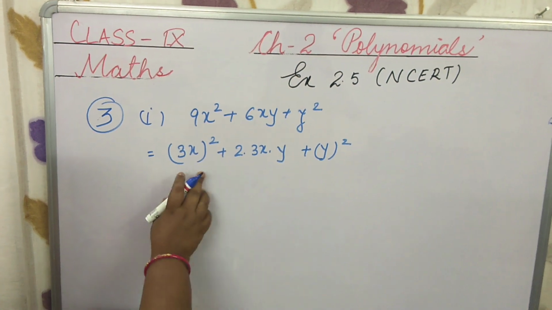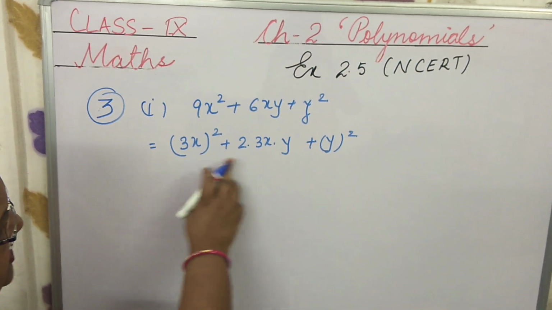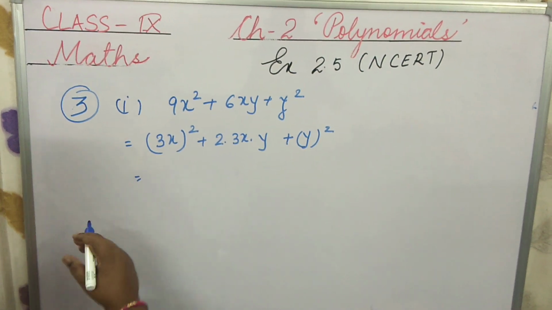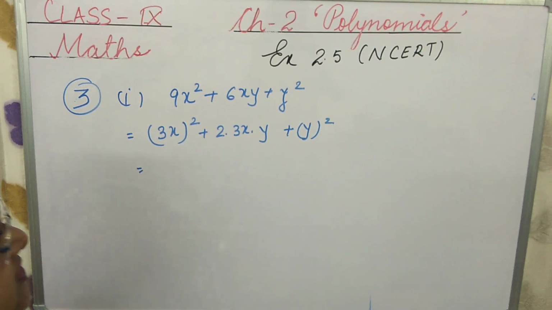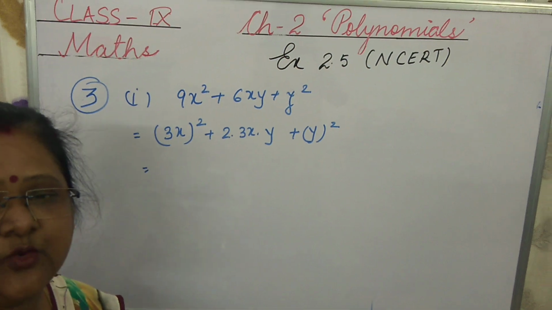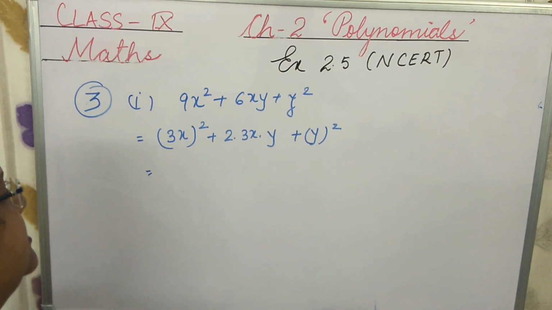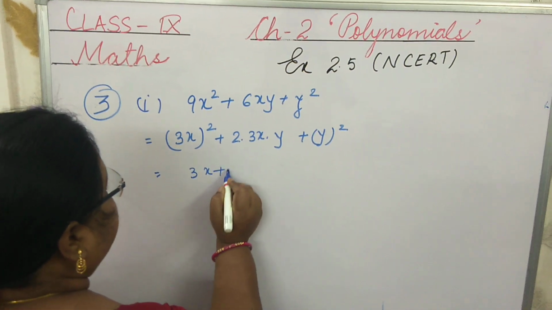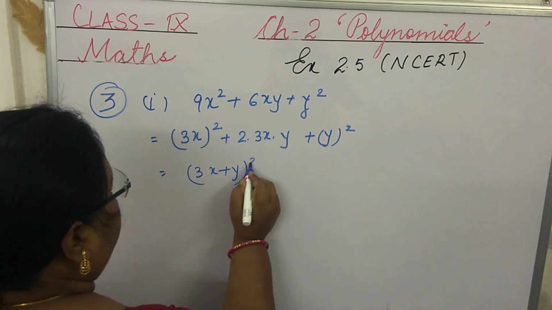So what we find, it is in the form of a square plus 2ab plus b square. So what is a square plus 2ab plus b square equal to? That is equal to a plus b whole square. So here we will be using 3x plus y whole square.